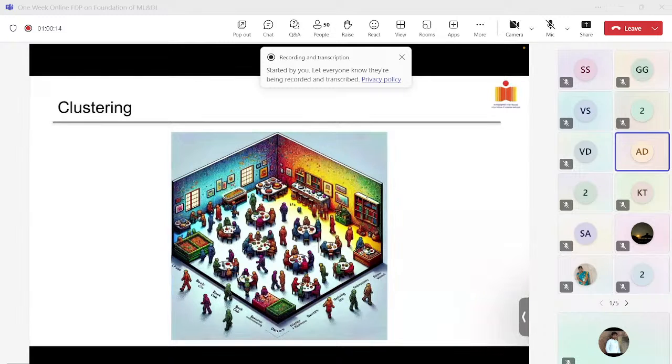So each table has its own similar vibe. That's why people usually sit at one of the tables, because that is where they are most familiar with that particular conversation. So naturally, people use this clustering algorithm in their day-to-day lives in most things, even without realizing that they are forming these clusters or groups.